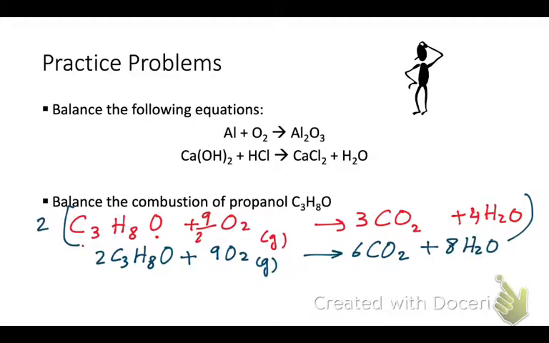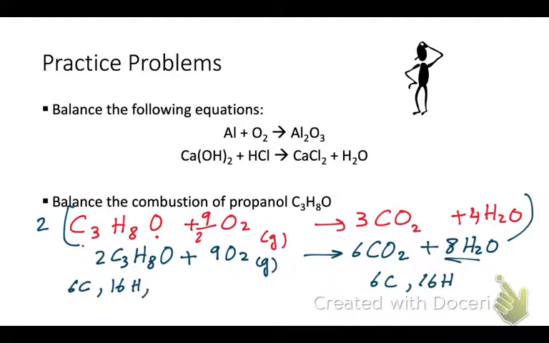Now if you do the math, let's balance. You have 6 carbons in and 6 carbons out. We have 16 hydrogens in. We have 16 hydrogens out.